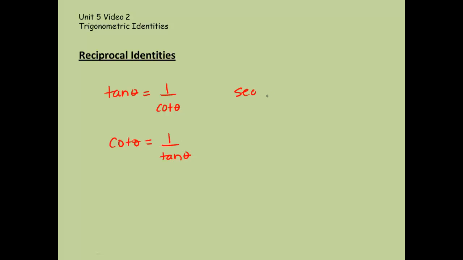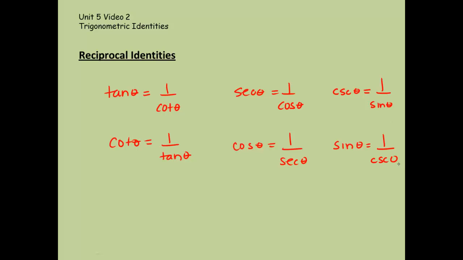We have secant of theta equal to 1 over cosine of theta, and that gives us cosine of theta equal to 1 over secant of theta. And lastly, we have cosecant of theta equal to 1 over sine of theta, and therefore sine of theta is equal to 1 over cosecant of theta. So all of these are reciprocals of each other, and they can be used to help us throughout this unit. So just know their relationships and be able to express any of them in terms of each other.